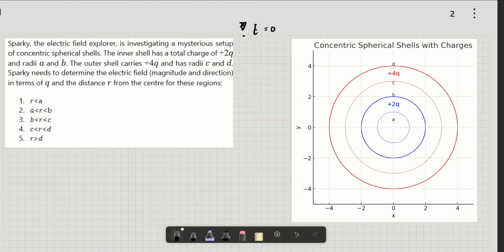Let's start from number 1, but before that, let's remember electric flux is equal to E dot A, which can be given as flux equals EA cosine phi.